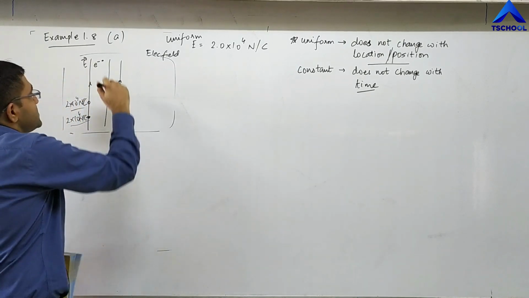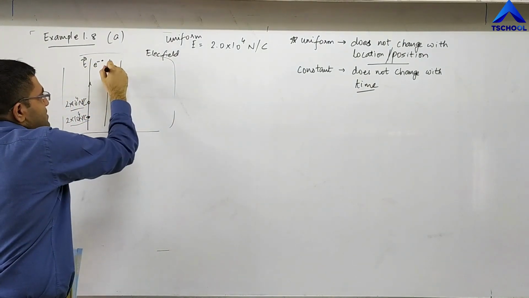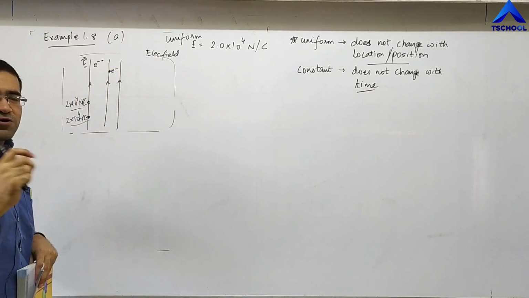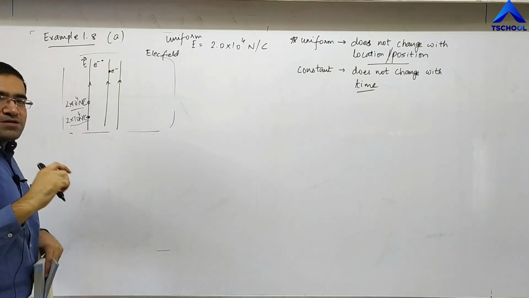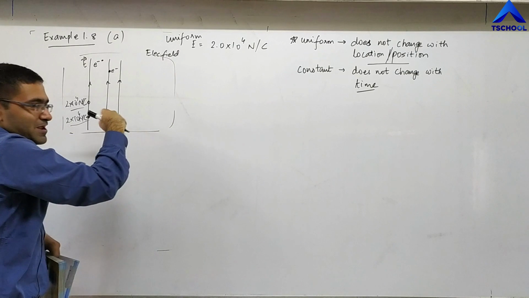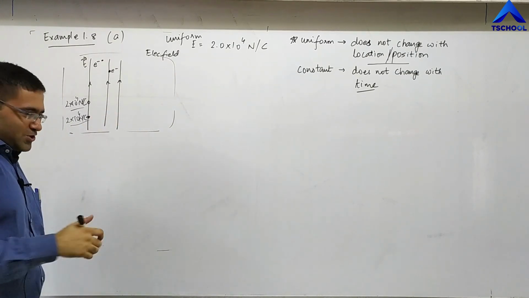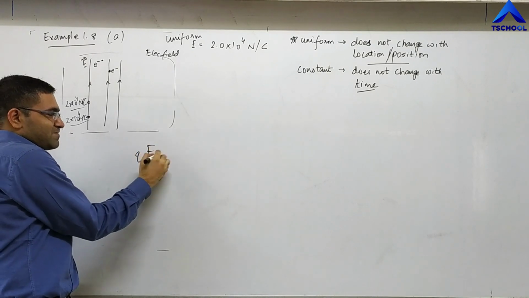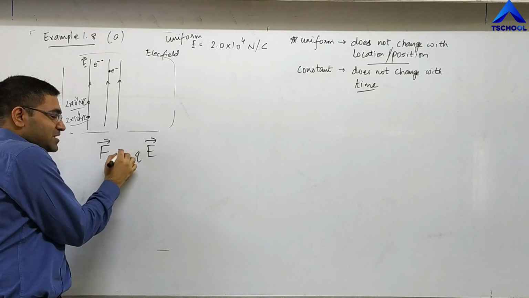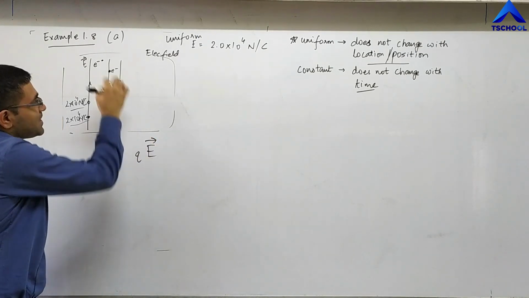Think about this electron over here. It's a negatively charged particle. In which direction will this electron have force acting on it because of this field? Use the concept that we have learned. Whenever you put a charge Q inside an electric field E vector, the force acting on that charge Q is given by Q times E vector, where E is the electric field at that point.